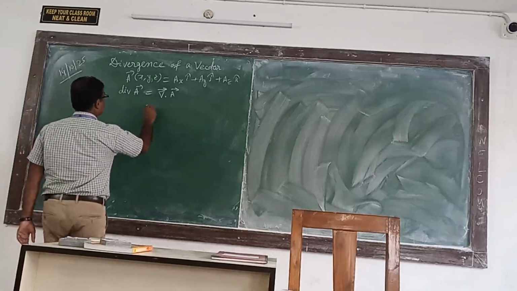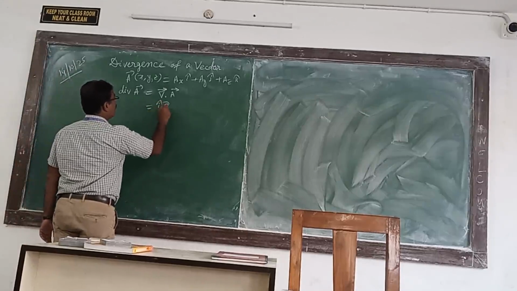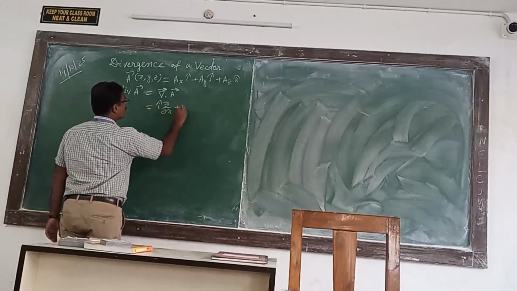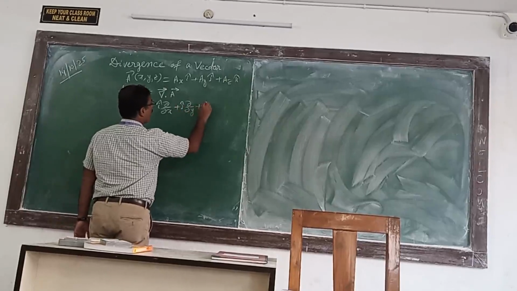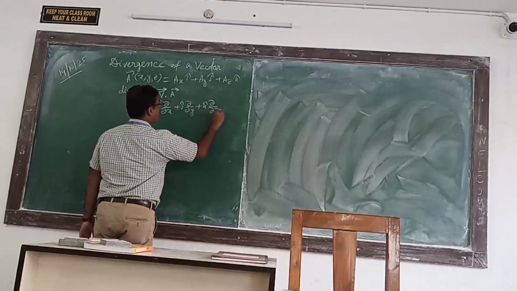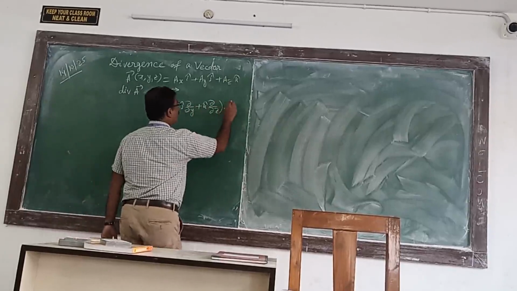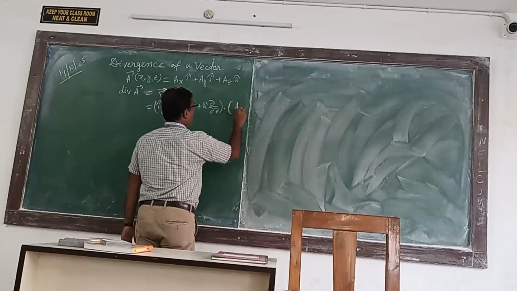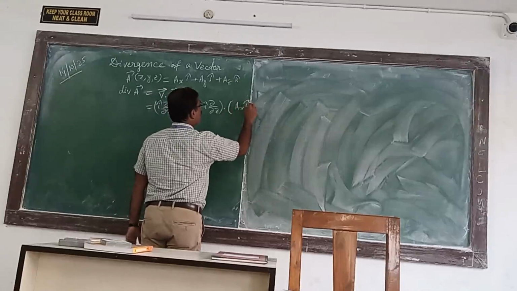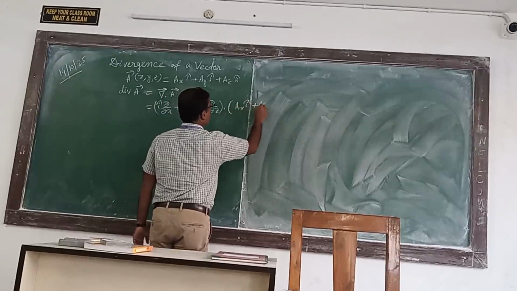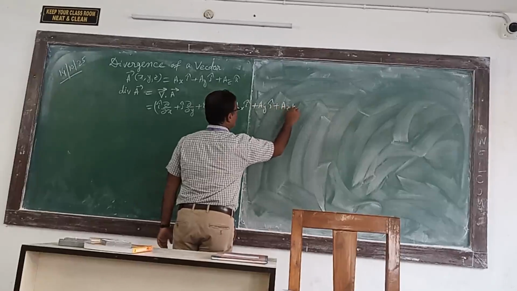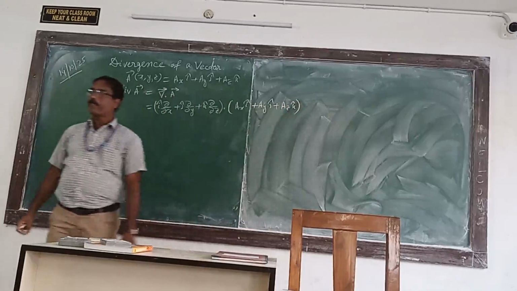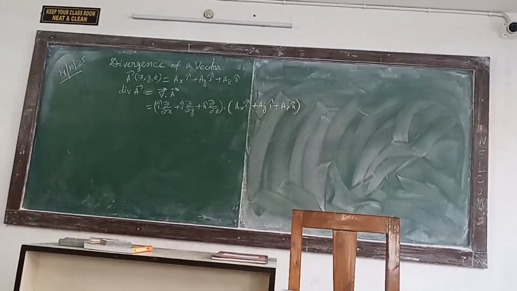So this is equal to i cap del/del x plus j cap del/del y plus k cap del/del z, dot ax i cap plus ay j cap plus az k cap. So it is the dot product now.